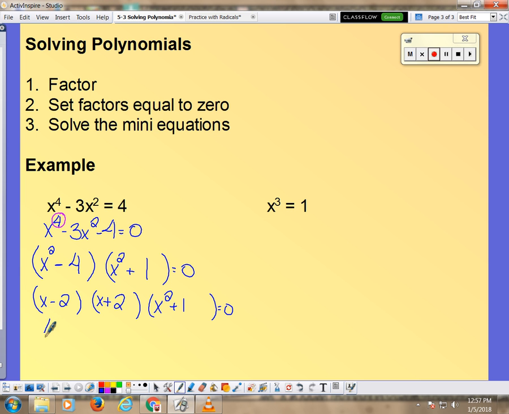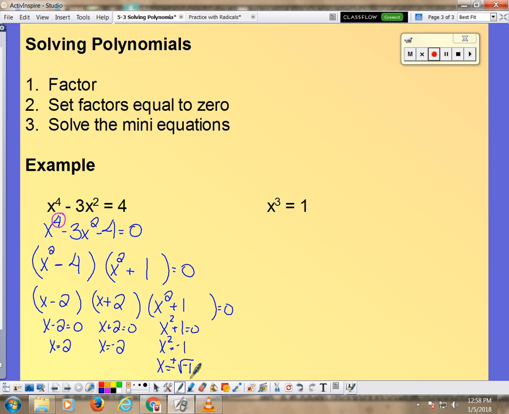Now I set each of my factors equal to 0, and I solve them. Now this one here you're going to recognize from yesterday because when I get x squared equals negative 1, I can take the square root of both sides like we did yesterday to get x by itself, but this becomes plus or minus the square root of negative 1.